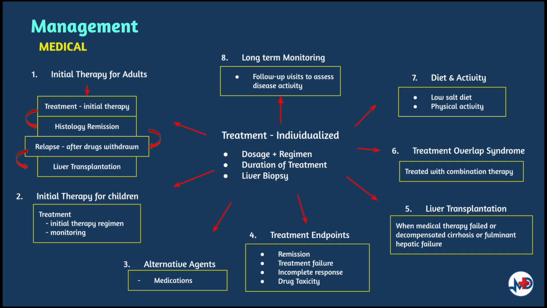When should azathioprine be added to the patient's treatment regimen? When should a reduction in steroid dosing be considered? How long should treatment continue beyond biochemical remission? And should liver biopsy be performed to document histologic remission prior to attempting withdrawal of immunosuppression? These are the questions that should be answered, and the treatment can be individualized based on every patient's profile.